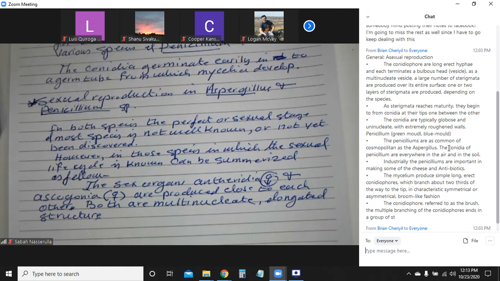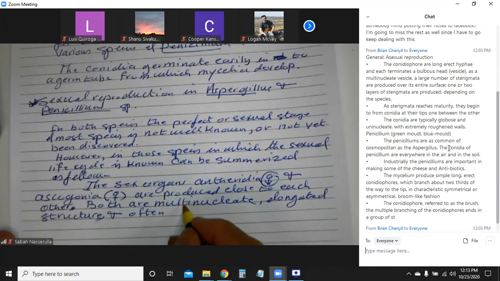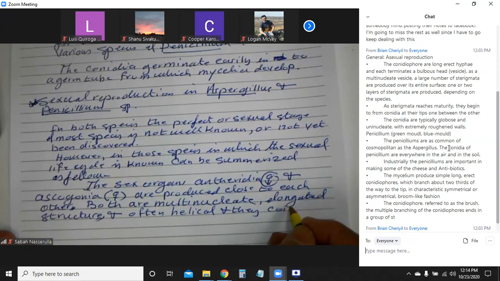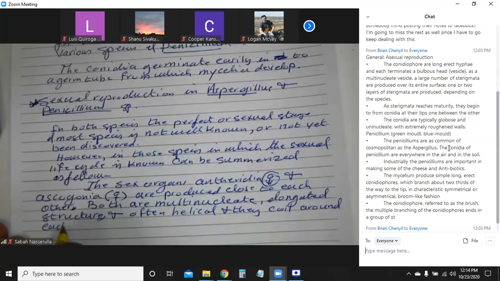And often they are helical, and they coil around each other.